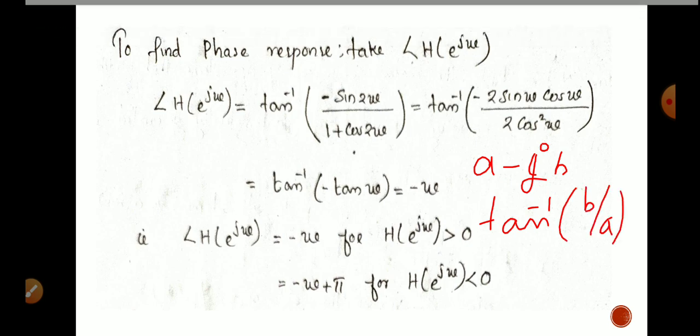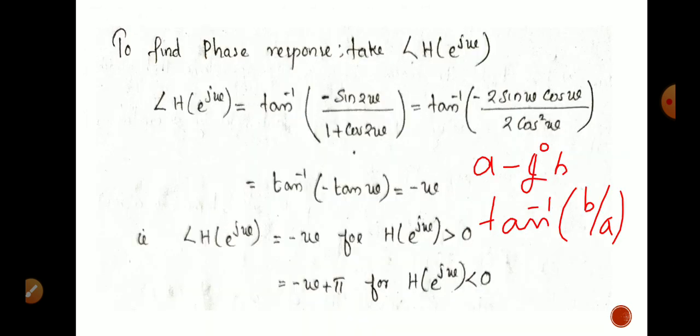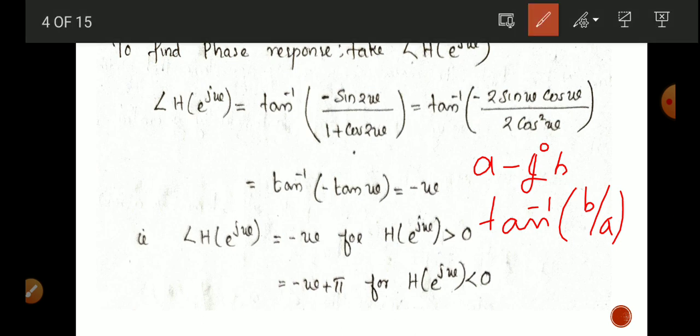Here we have b equal to minus sin 2 omega and a equal to 1 plus cos 2 omega. Then tan inverse of minus sin 2 omega by 1 plus cos 2 omega equal to tan inverse of, here one more trigonometric equation, sin 2 theta equal to 2 sin theta cos theta.